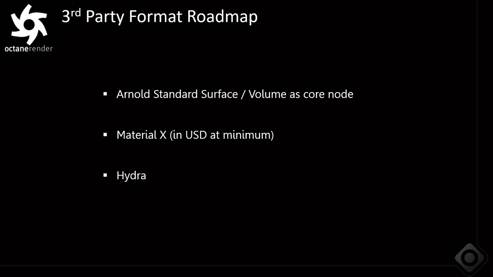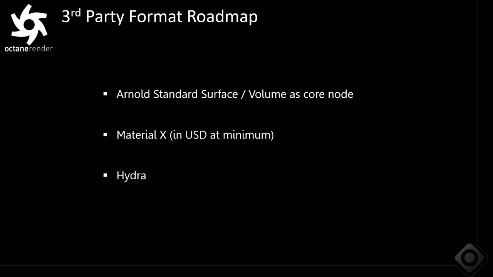So of course, with Octane supporting and fully baking in Arnold standard surface and standard volume, what's interesting is that if you have a USD file with MaterialX, which is a material graph that we're also looking at supporting in USD, we'll be able to have a pretty robust scene interchange format, even short of Orbx. We want to at least make that something that can be loaded and used across the various standalone and proxy systems in Octane.